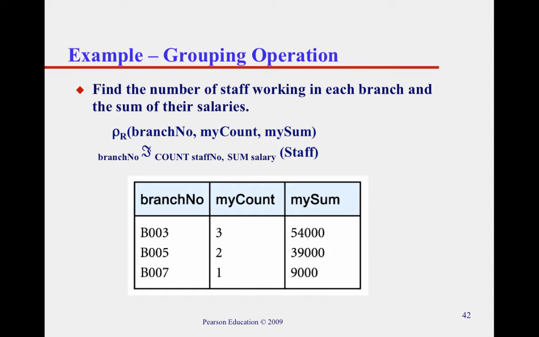So we're listing the number of staff working in each branch and the sum of their salaries. You'll notice branch number did not appear here, but it appeared here. So anything that appears in this set of columns must either have appeared in the grouping by clause or be one of the columns computed by the aggregate function, which is just what SQL, same restrictions that SQL applies. Okay? Questions? It's pretty straightforward. It's just a matter, when you do the homework, of looking up the notation.